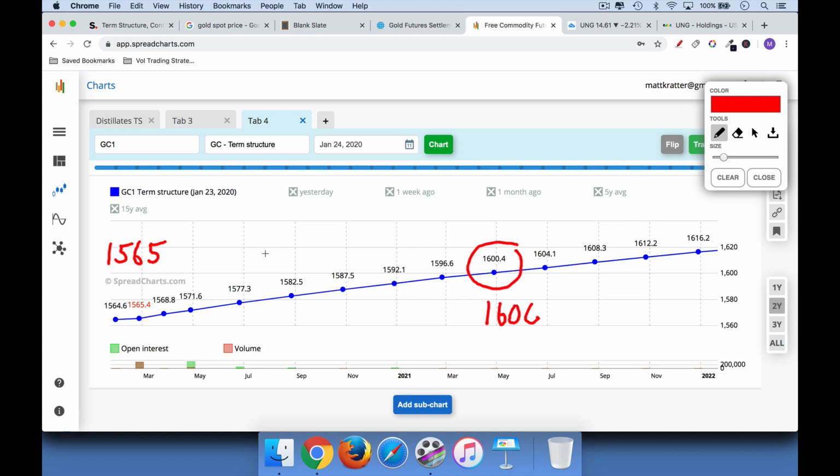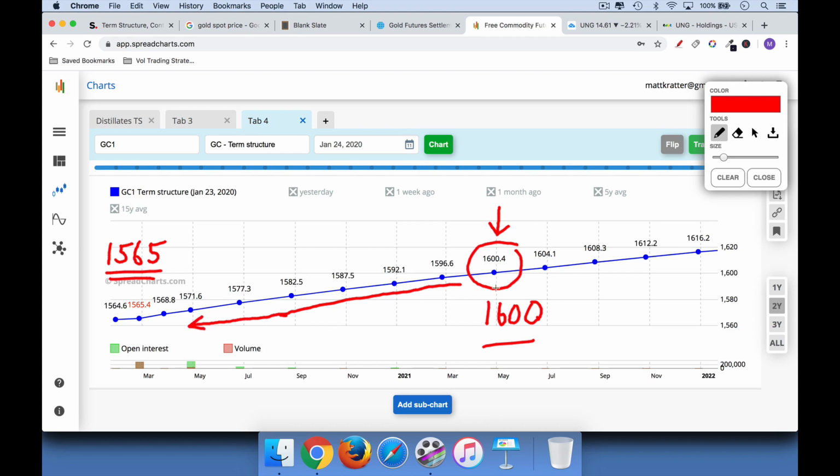So there are a couple ways we can trade this contango market. If we believe that the spot price of gold is going to stay right around here at 15.65, what we will then want to do is take a long dated contract like this May 2021. We want to short it because we're betting that we're going to roll down the curve. And what you can do is if you're short, you roll down the curve in contango.